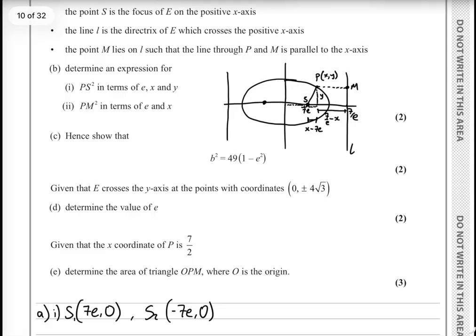And then for this part C, hence, means use what you've just done here, show that this is true. To do this, you need to be able to relate these two things, remembering the equation e is equal to PS over PM. And obviously if you square all of those, that's still true.